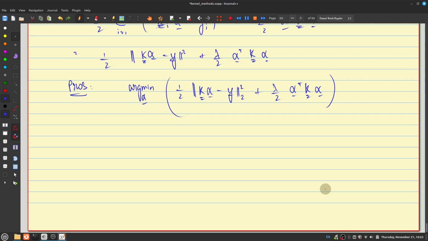How do we find the solution? You take the gradient and set it equal to 0. What do you get?